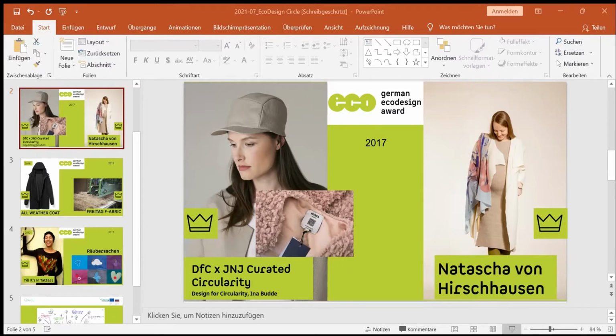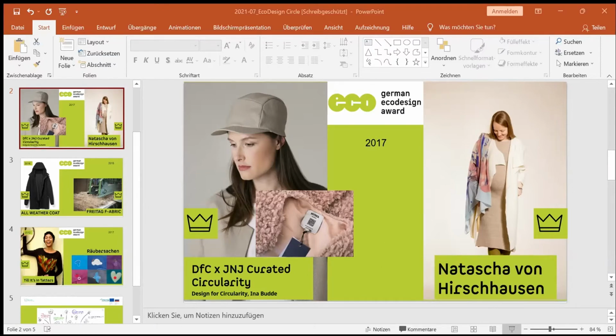Another example from 2016 is the all-weather coat. What is important there is a special weaving technique. It's for outdoor use, but it doesn't need any special chemicals to be water repellent. So it's also a solution which helps with longer durability and avoids substances.